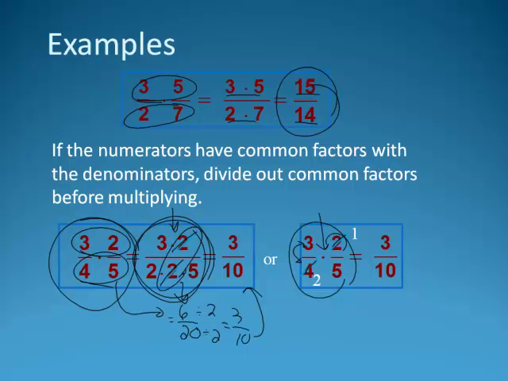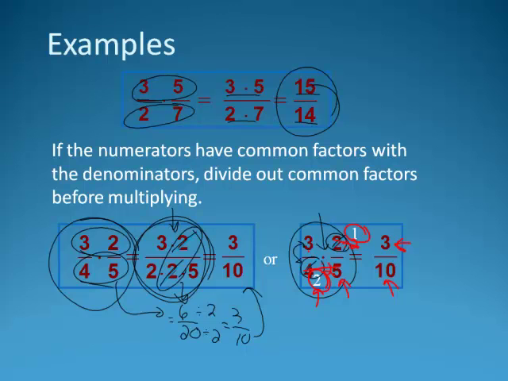There is, with this 2 and this 4, a common factor of 2. So you can, this is called cross-canceling, you can divide top and bottom by 2 here. 2 divided by 2 is 1. 4 divided by 2 is 2. Save yourself some paperwork. 3 times 1 then is 3. And 2 times 5 is 10.